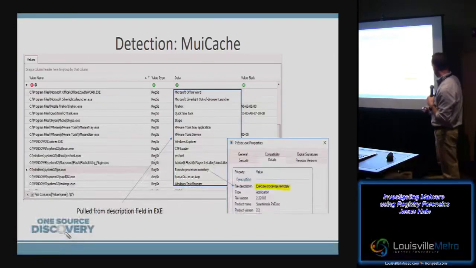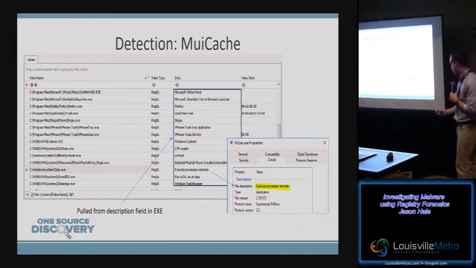What happened here is the actual PsExec executable was just renamed to pe.exe, but when it was run, the description from PsExec, because it was a valid executable, was pulled in and saved in the registry. Looking at the properties of PsExec, sure enough the description there is "execute processes remotely."